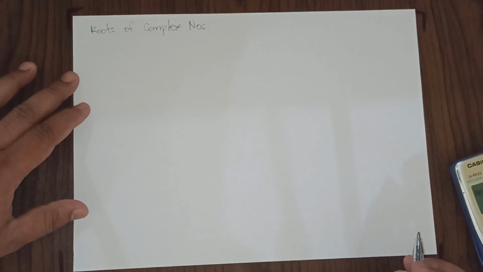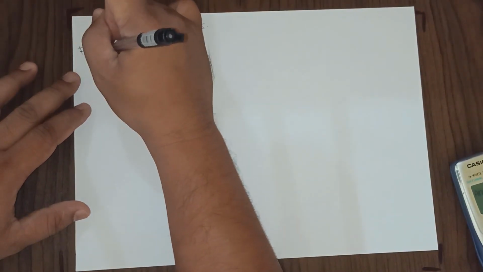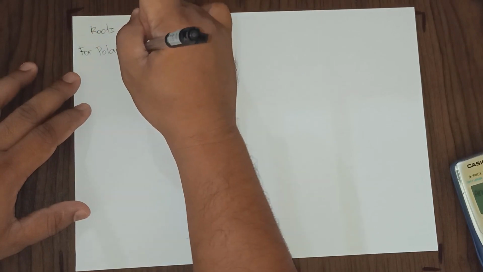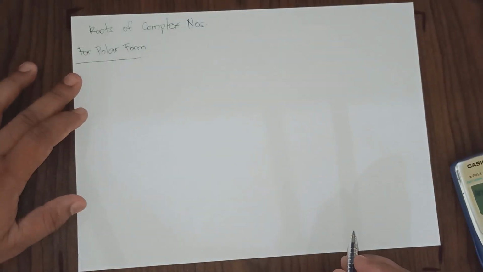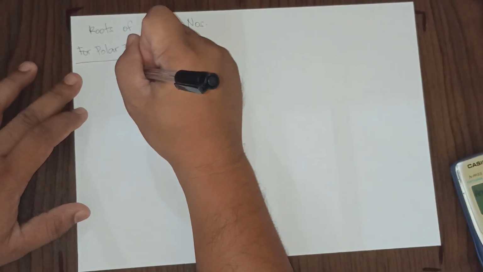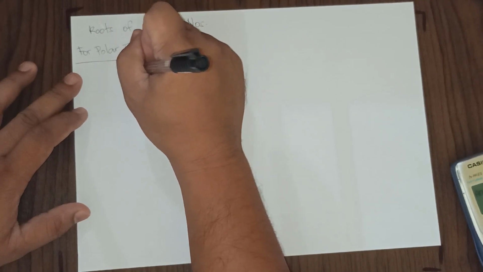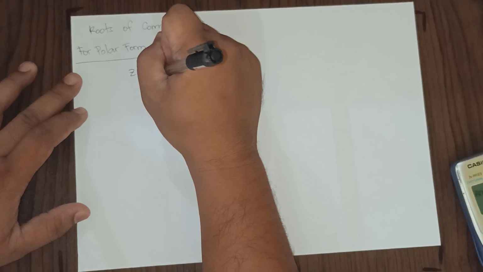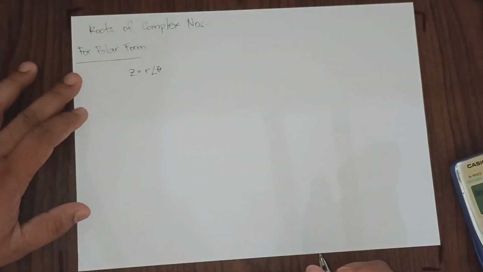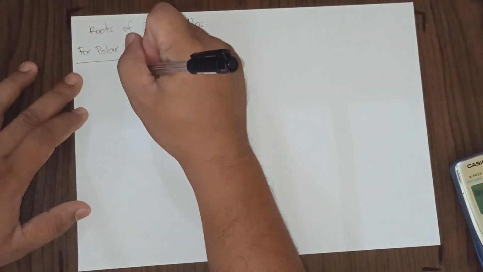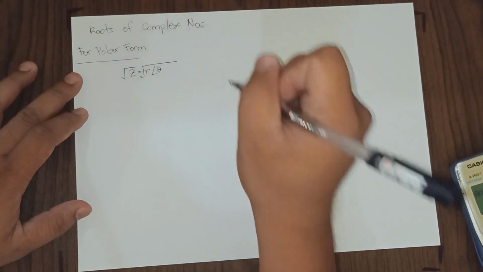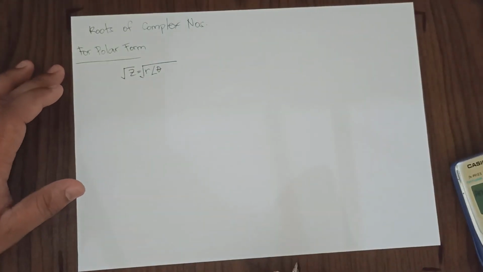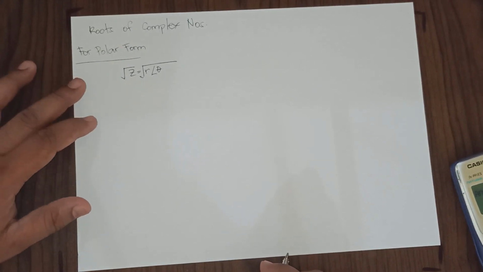So for polar form, we have Z is equal to R bar angle theta. In-square root natin yan, hahanapin natin yung value ng root niya.